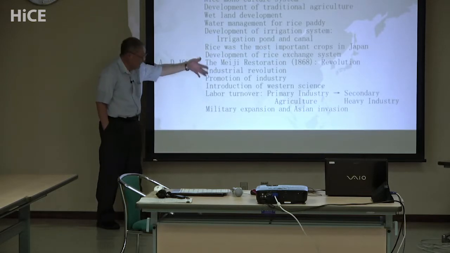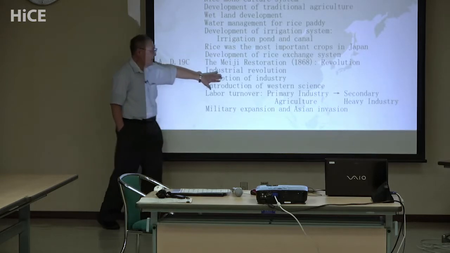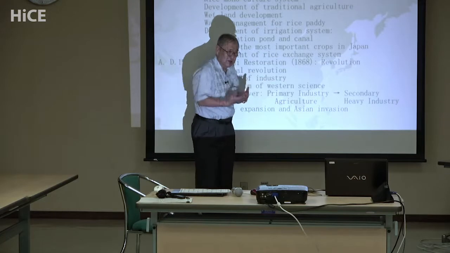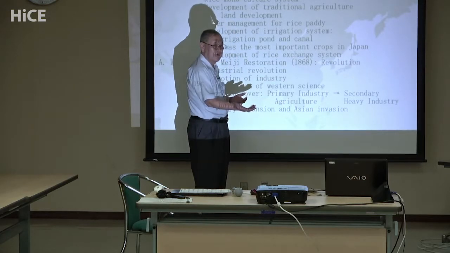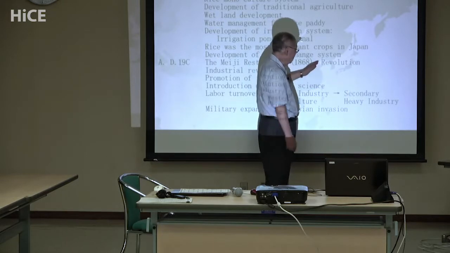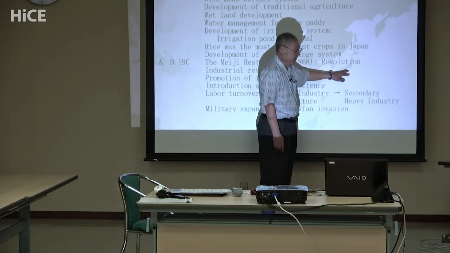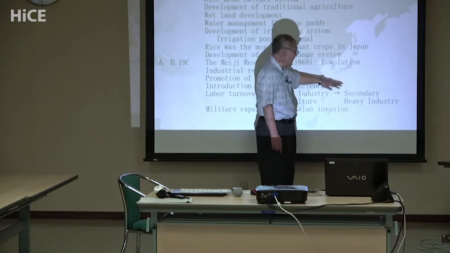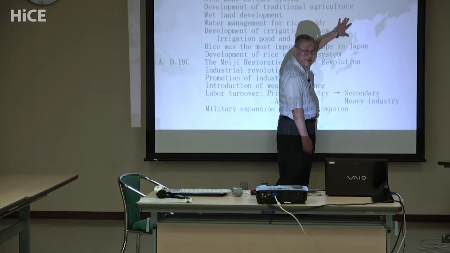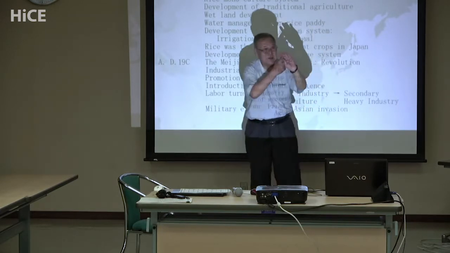This is a drastic change in Japan. And also, the heavy industry, especially for military purposes. Then, the first war was between China and Japan. And next was Russia and Japan. We had the two wars.